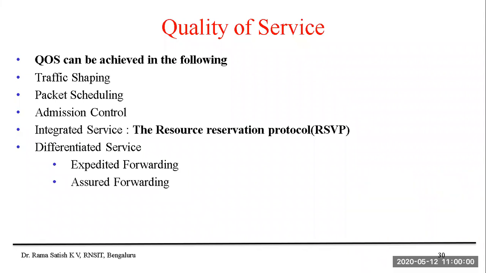The next way is integrated service. Integrated service follows the resource reservation protocol. Very, very important. Normally you have data plans for your mobile, correct? A basic plan, gold plan, platinum plan, diamond plan. If you use a silver plan, you will get only less speed, less capacity. If you are using a diamond plan or platinum plan, you have to pay more, and some resources are reserved for you.